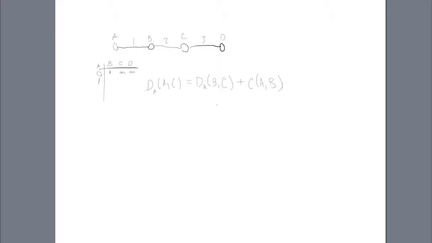You can summarize that whole thing by imagining that B is telling A, I know where C is and it costs 2 to get there. It's telling A that in the second iteration. So that's 1 plus 2, and it's 3. So we have 3 here.